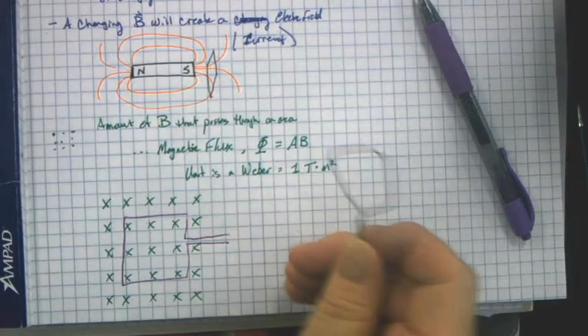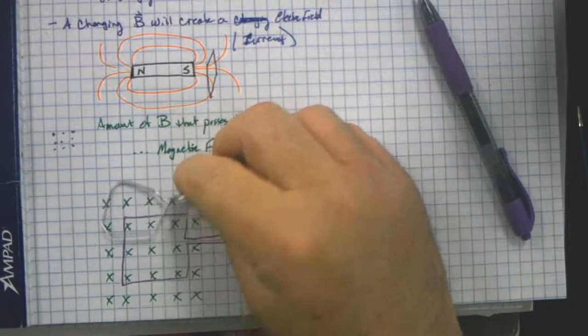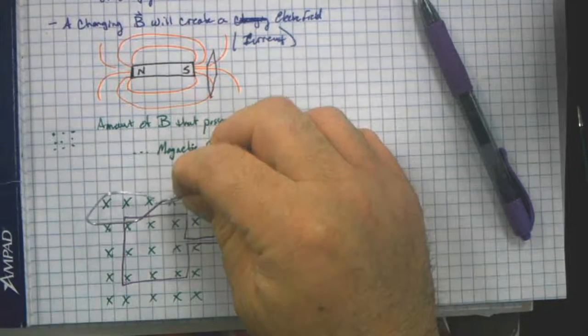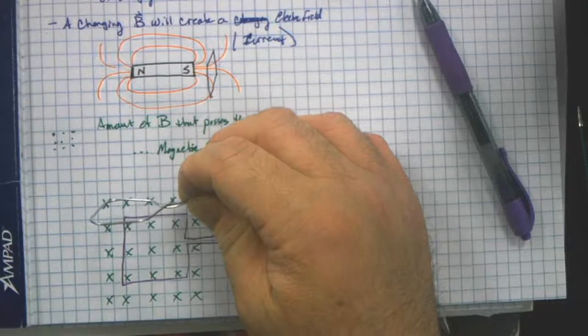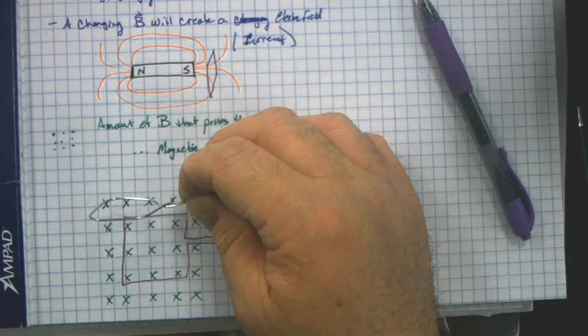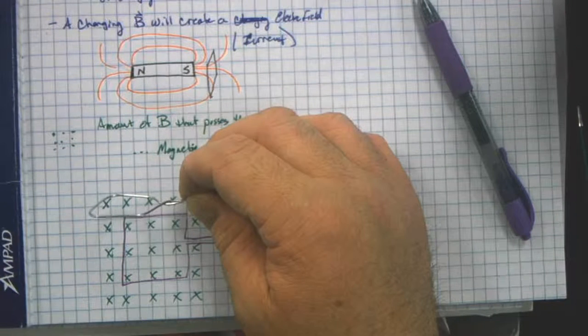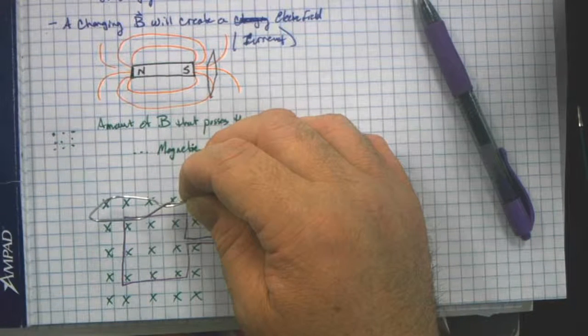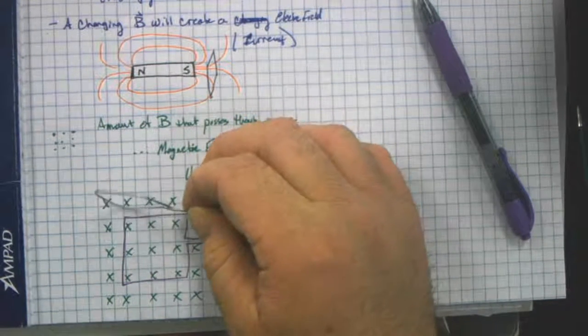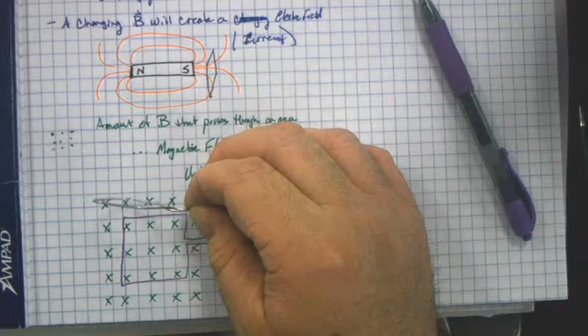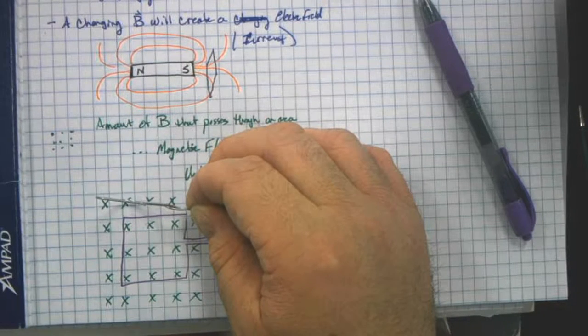My loop is still the same. So if I turn it, then the flux going through the loop decreases because the cross section of the loop is less now. You guys follow that? That less can actually get through it. Our shadow looks different.